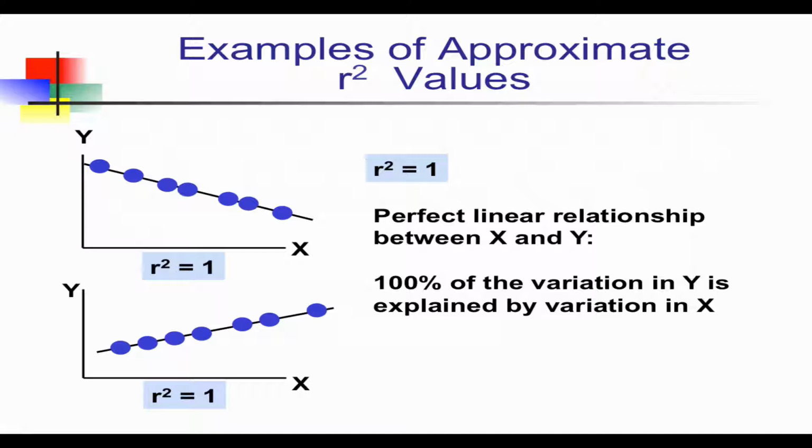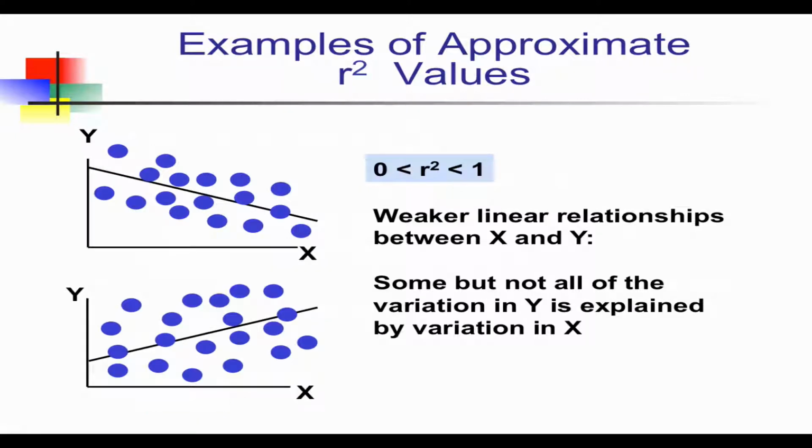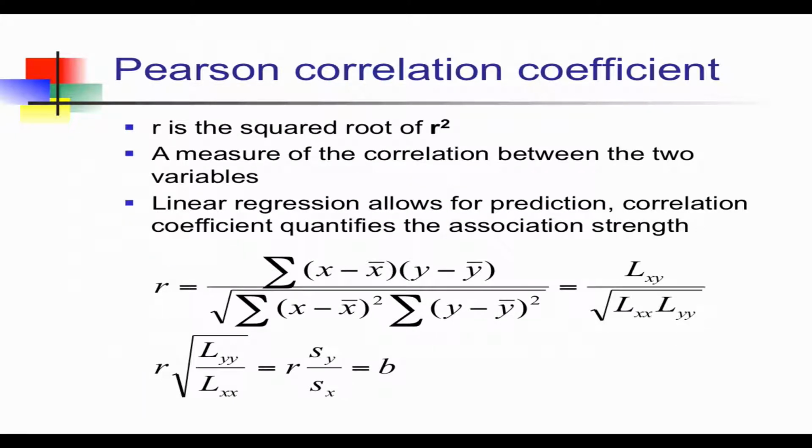And then we'll give you several examples of what different R squared values stand for on a scatter plot. There's a caveat: in terms of simple regression, the Pearson correlation coefficient is actually a function of beta hat 1.